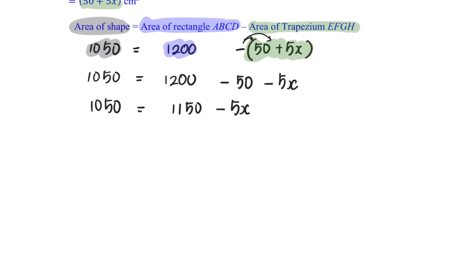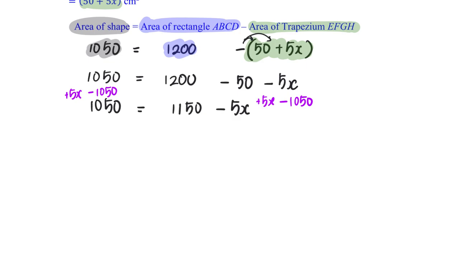And I'm going to add 5x on both sides, and I'm going to minus away 1050 on both sides, so that here we don't have the 5x anymore.